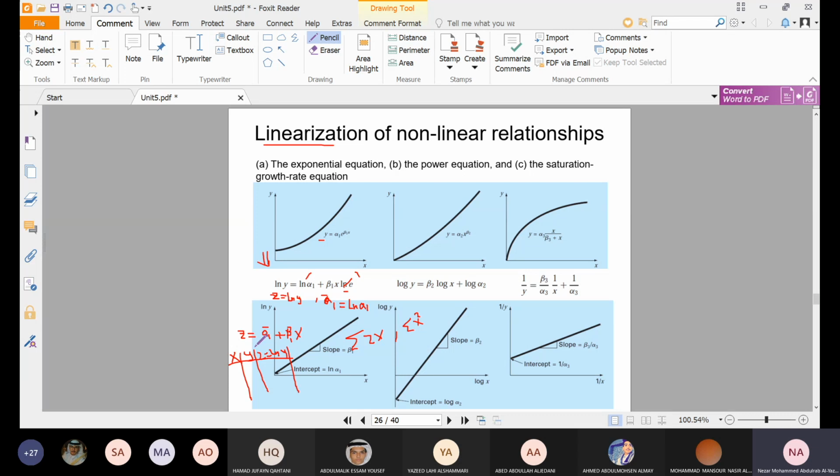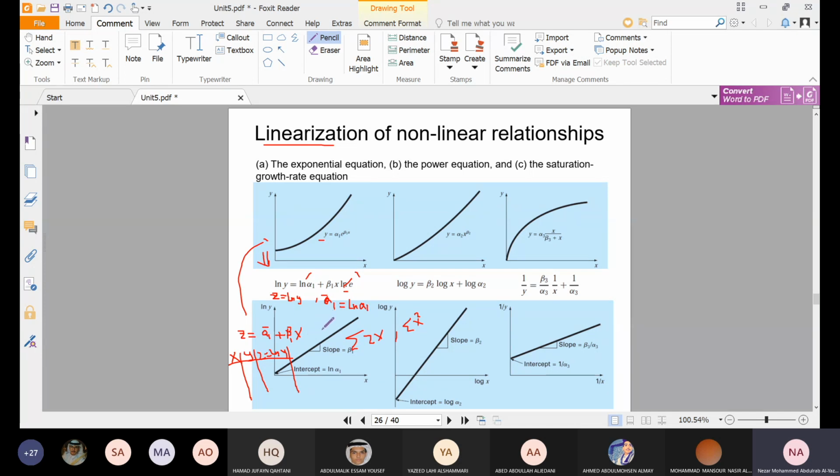Then I return the solution to the original function by applying the anti-logarithm. So I can find alpha from alpha bar. Beta I can get directly, and alpha I get from the anti ln of alpha bar. In this case we can solve this problem.